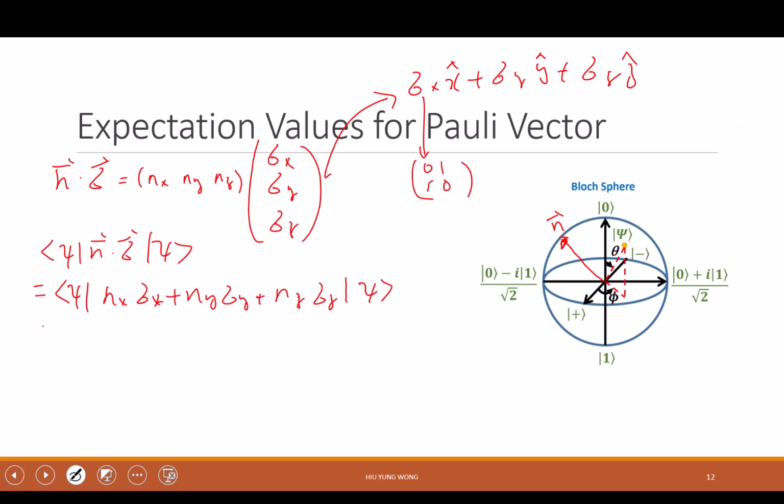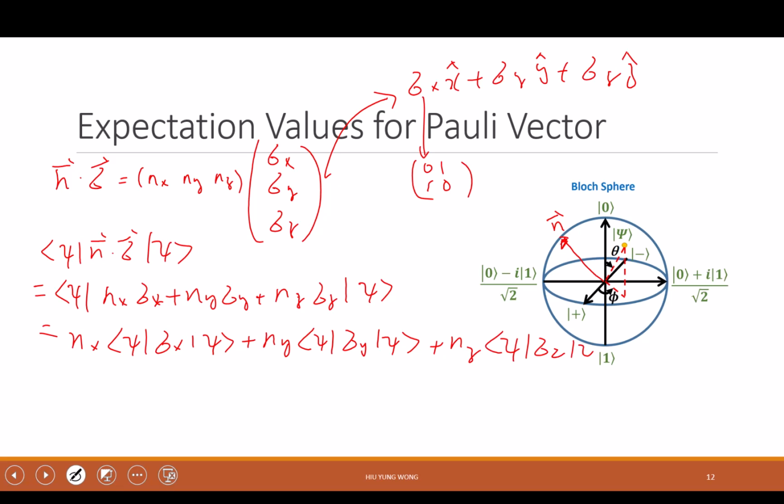But because quantum mechanics is linear, this is equal to nx times expectation of sigma x, plus ny times expectation of sigma y, plus nz times expectation of sigma z. Do you agree with what I'm doing here? Just the distributive law, right? And these n's are numbers, so I take them out. And what are these expectation values?